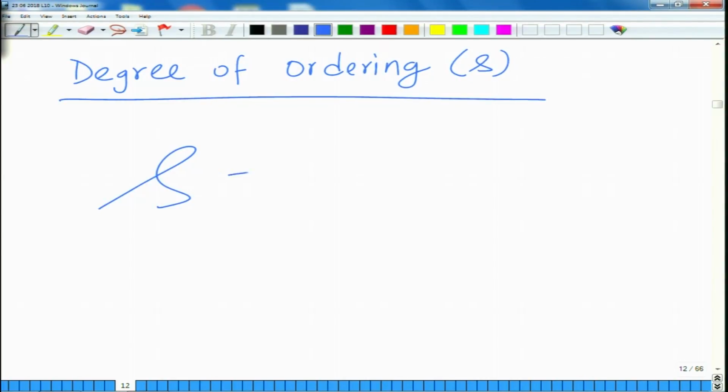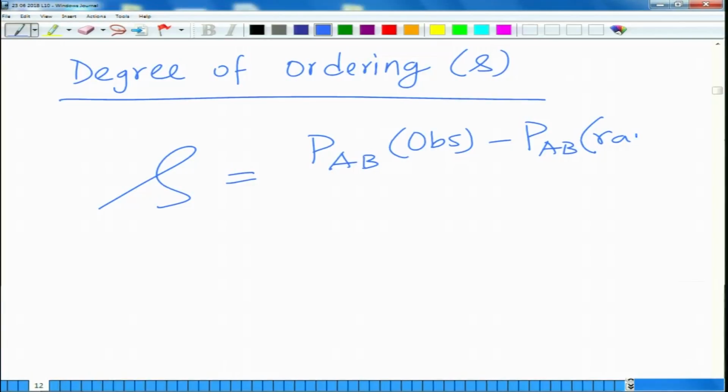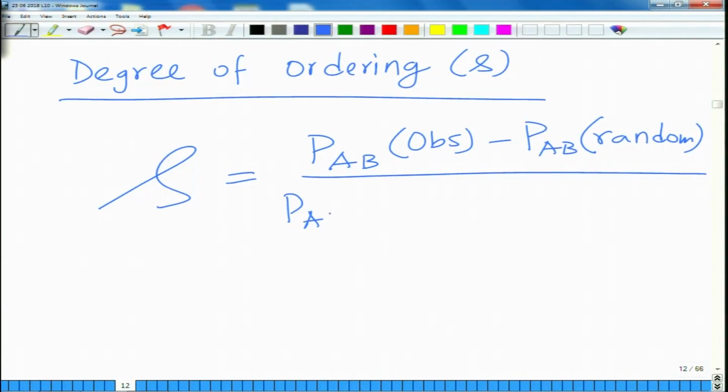And this is determined as S is equal to PAB observed minus PAB random, divided by PAB maximum in an alloy minus PAB random.